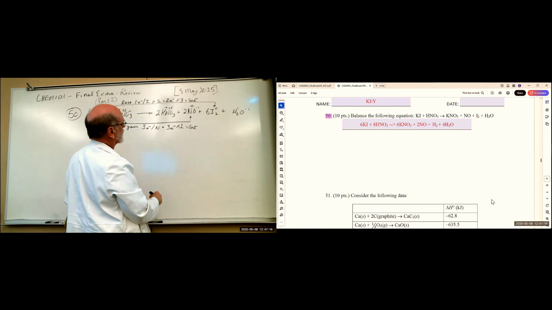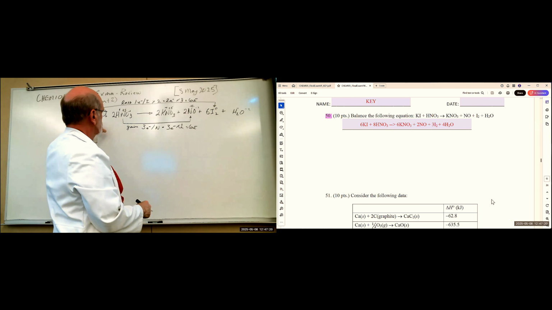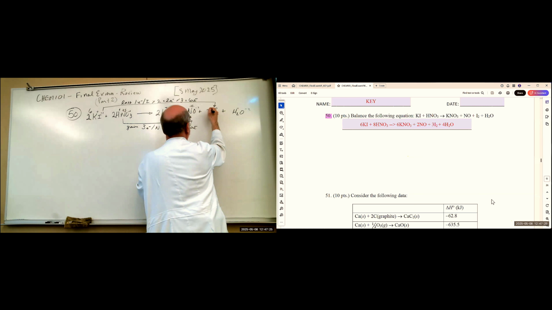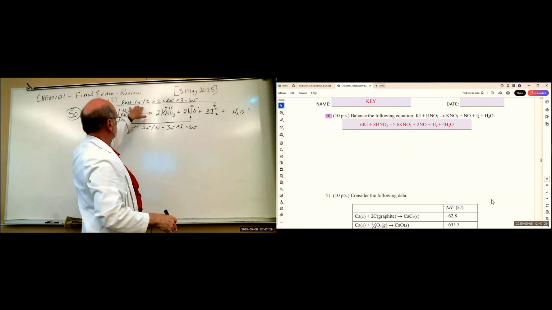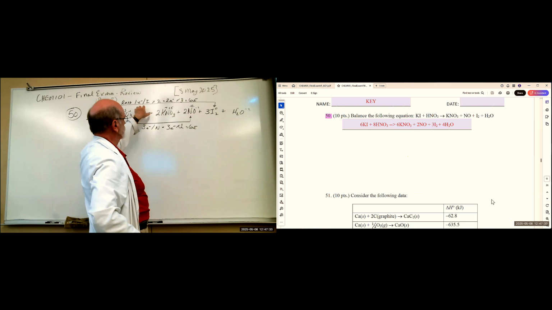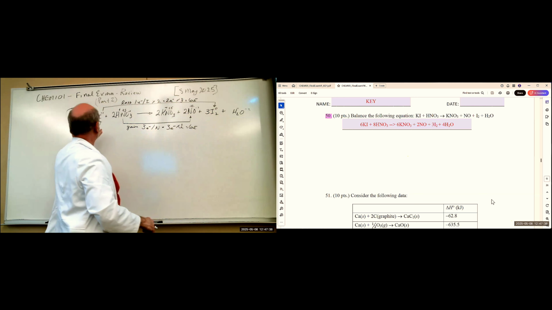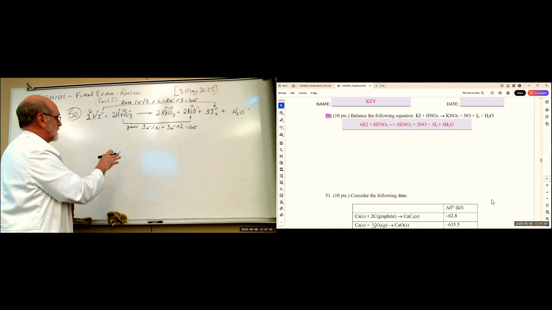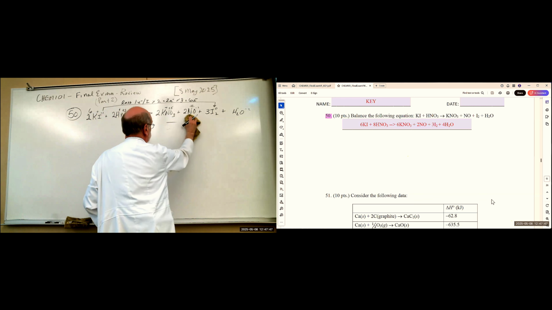Oops, sorry. No, that's right. 6 iodines. No, this only needs to be 3. One electron per iodine times 2, and then times 3 gives you 6. Yeah, that's right. Okay, now that we have the electrons balanced, we can go to the budget method.